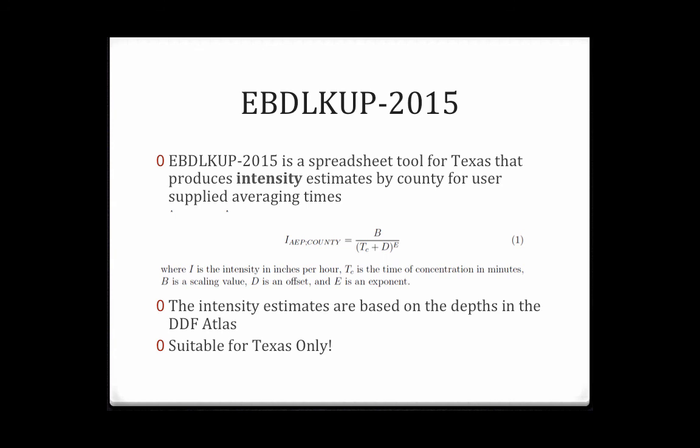And so the values of B, D, and E vary by county in Texas. And so how that was arrived upon is those depth, duration, frequency maps were made on a database of a gazillion data points in it. 68,000 and some change data points.